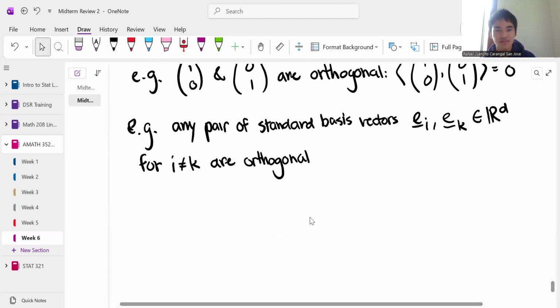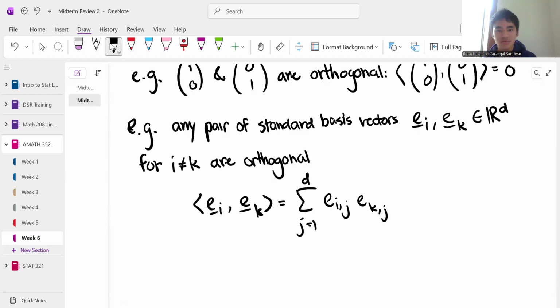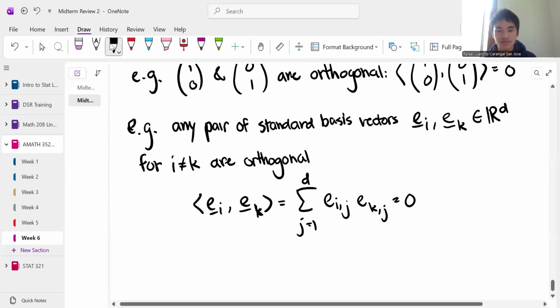Mathematically, this is how it would look using that notation. When we sum it up over j, this is how we write it, e to the i j and e to the k j. This is 0 if i is not k.